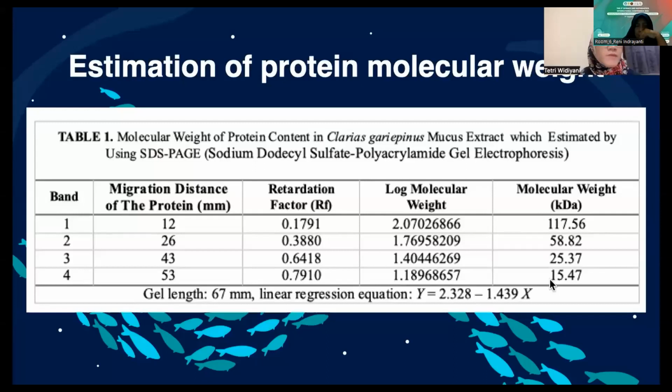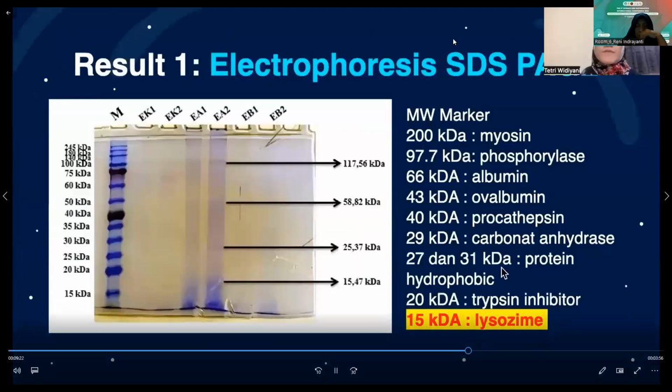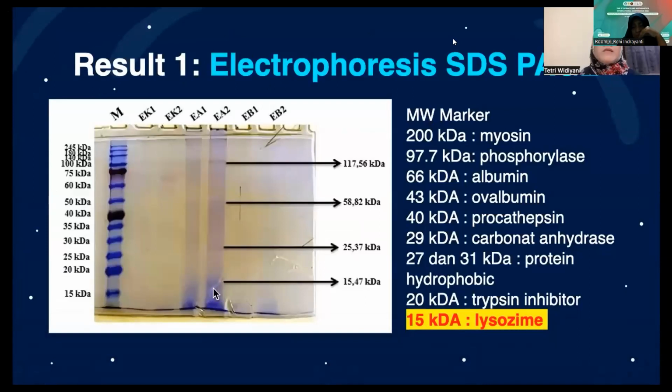Among the four bands formed, the band with a molecular weight of 15.47 kilodalton showed thicker. We can see the band is thicker than the other bands.